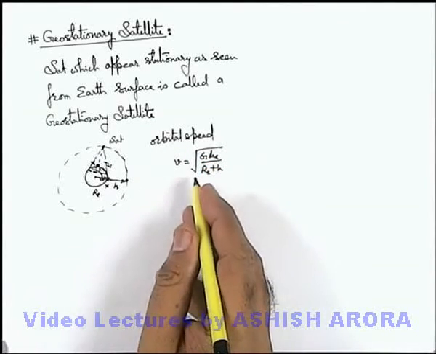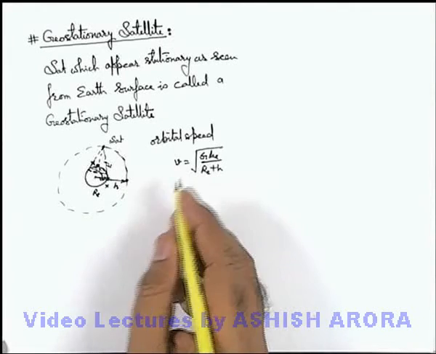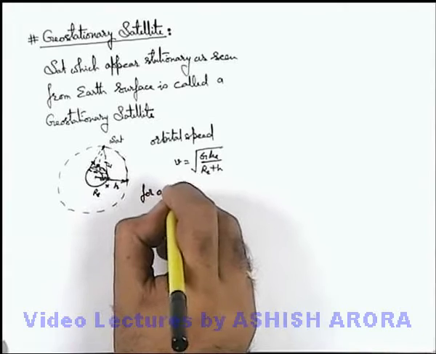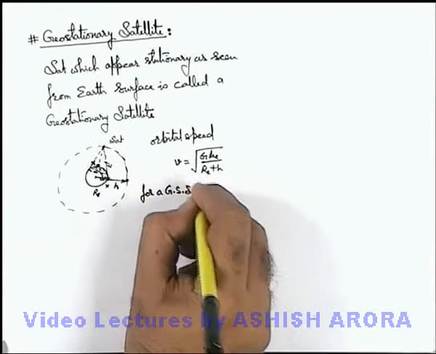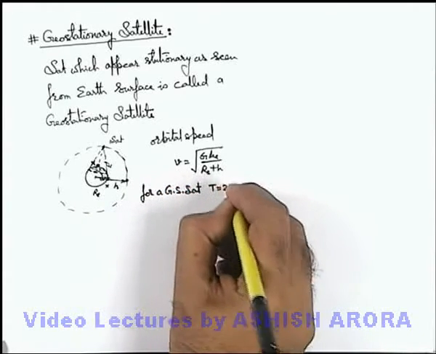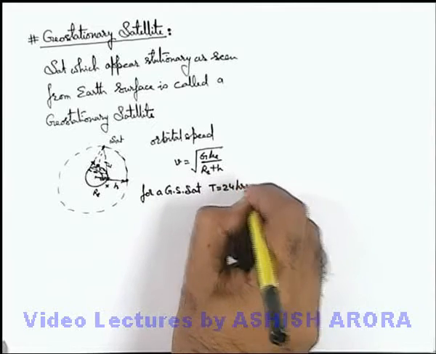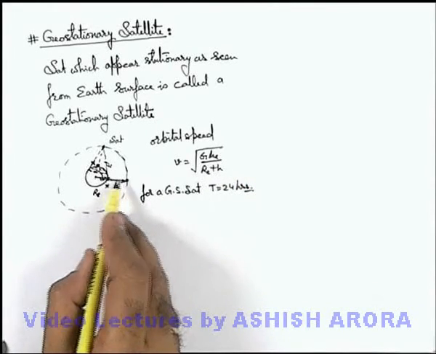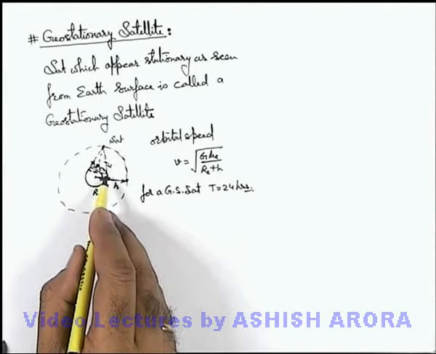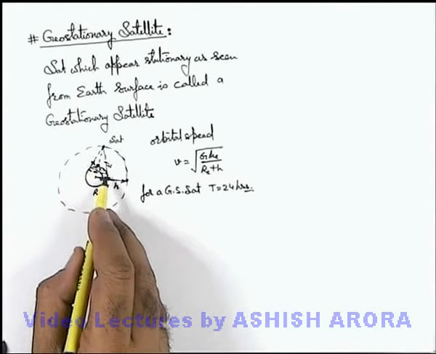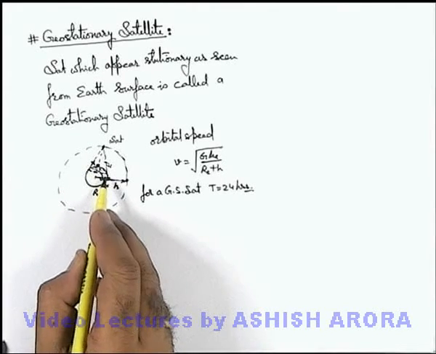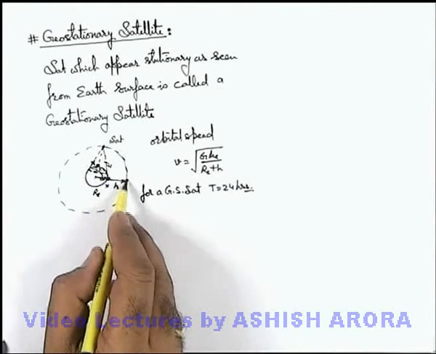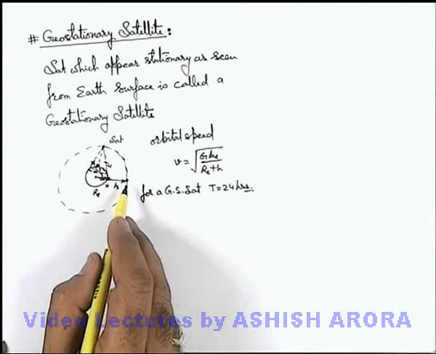And if we wish to find the time period of revolution, for a geostationary satellite its time period has to be equal to 24 hours. Only then can we state that it always appears at rest with respect to a point on Earth, because as Earth completes one rotation, any point on Earth revolves by one revolution, and the geostationary satellite also revolves by one revolution.